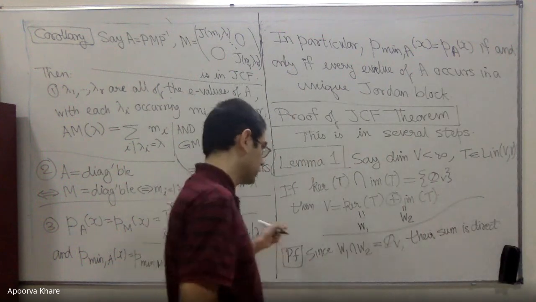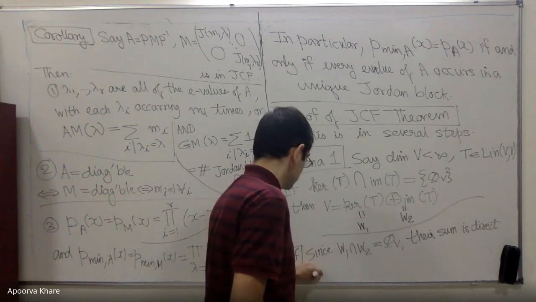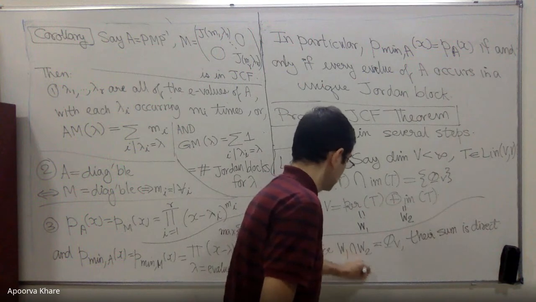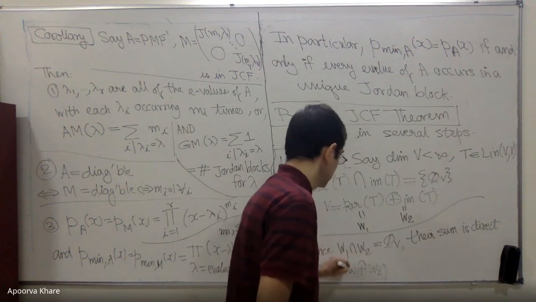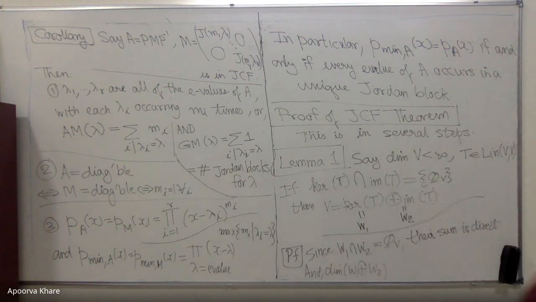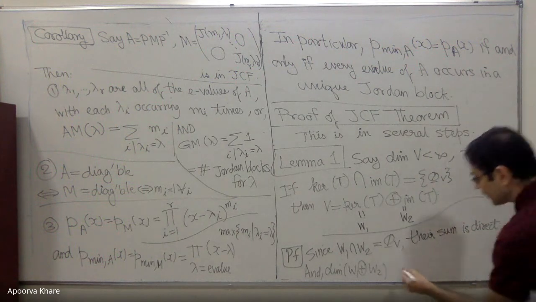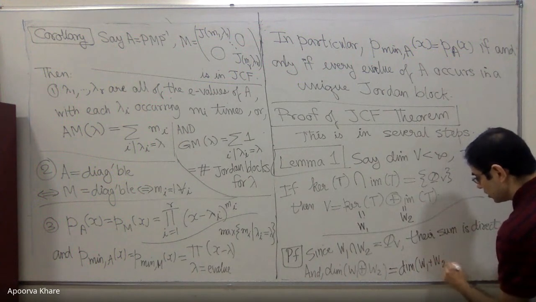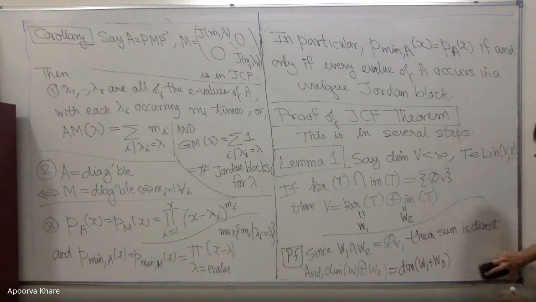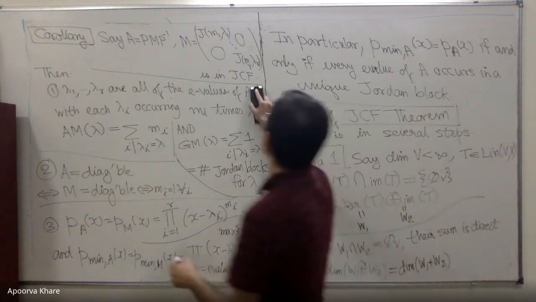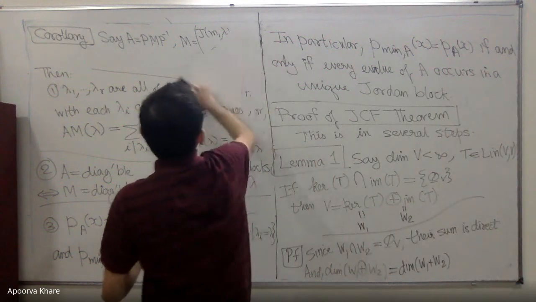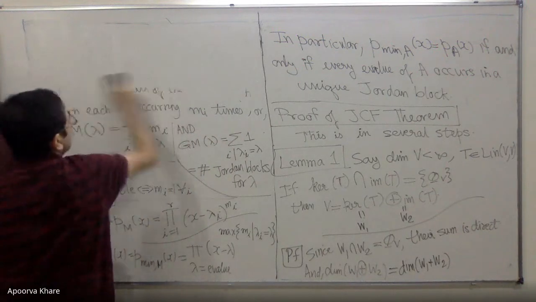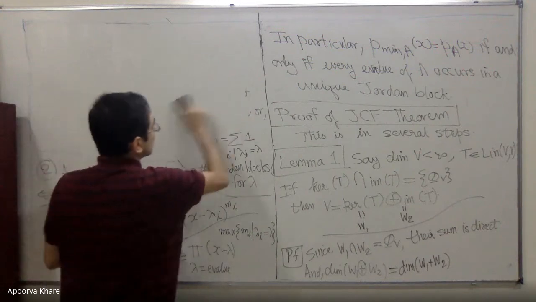The dimension of the direct sum W1 plus W2, which is a subspace of V. I want to claim it equals the dimension of V. So first of all, as we said, it is the dimension of W1 plus W2. And then this is the GCD LCM kind of lemma for vector spaces, which we proved a long time ago, and now we will actually use it.